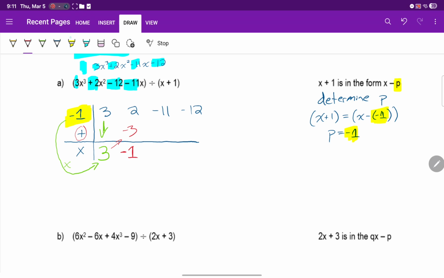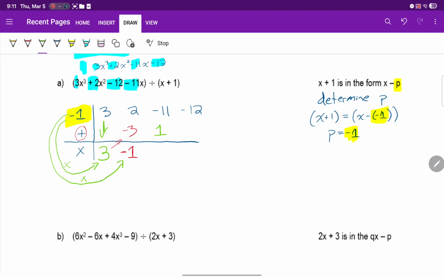As soon as I put a number down here, I am going to multiply it by my p-value. -1 times -1 is +1. Okay? Once I put a number there, and I'm working down, I always do those two numbers, I add.